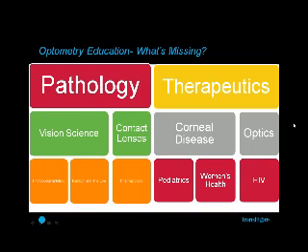So as you can see, pathology, therapeutics, very big, vision science, corneal disease, a little bit on optics here and there. Some new ones, photo documentation. And as optometry is advancing, many of the courses are moving much more towards the eye and pathology and therapeutics. And so the big question is, what's missing?